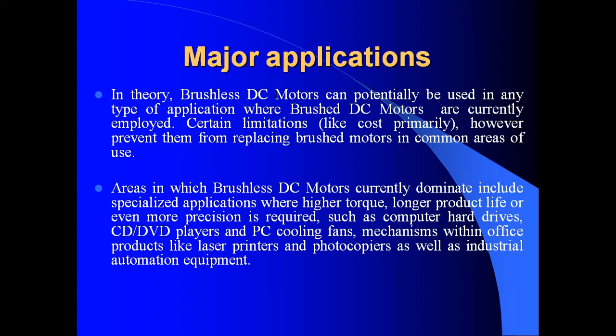Areas in which brushless DC motors currently dominate include specialized applications where higher torque, longer product life, or even more precision is required, such as computer hard drives, CD, DVD players, and PC cooling fans, mechanisms within office products like laser printers and photocopiers, as well as industrial automation equipment.